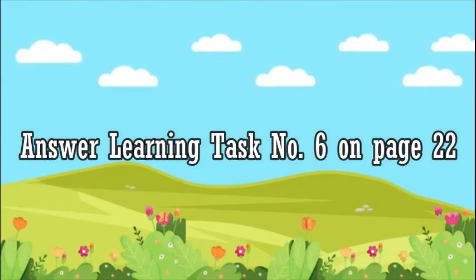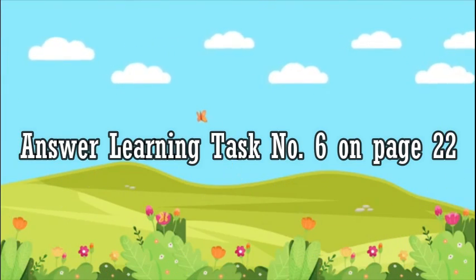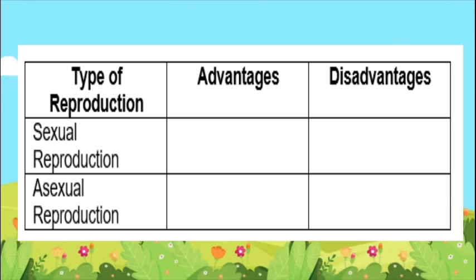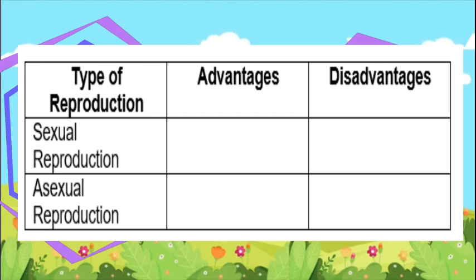Answer learning test number 6 in your module on page 22. Based on what you have learned in this lesson, indicate the advantages and disadvantages of sexual and asexual reproduction in animals. You may use books and other references for your answers.